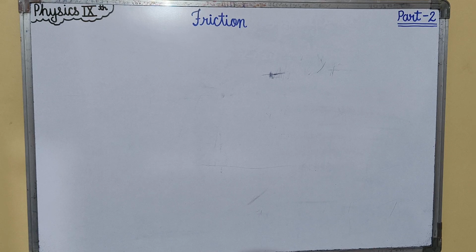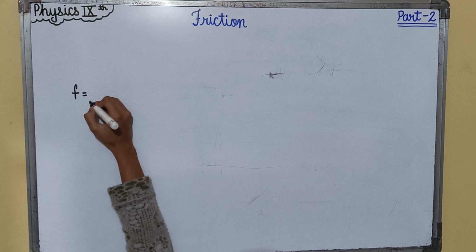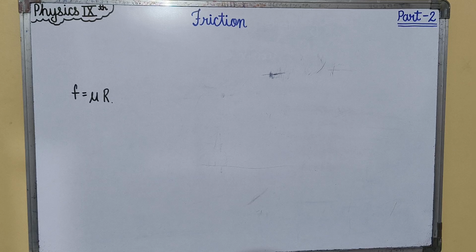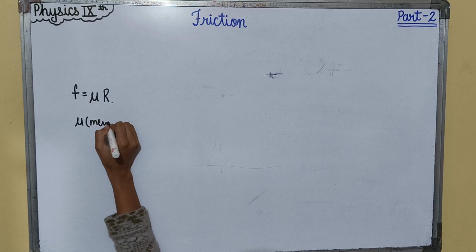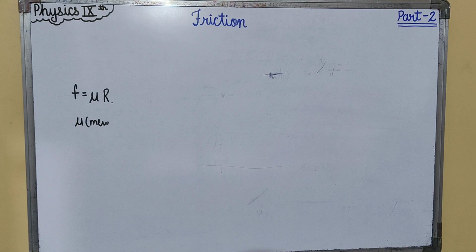And force is directly proportional to normal reaction. So therefore force is equal to mu into normal reaction. This mu is the constant of the friction.